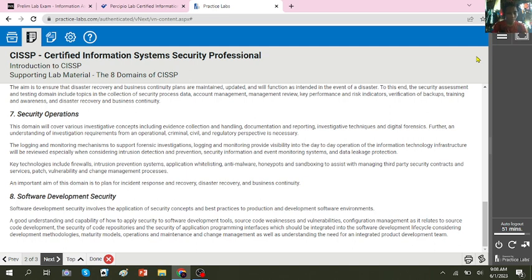A good understanding and capability of how to apply security to software development tools, source code weaknesses and vulnerabilities, configuration management as it relates to source code development, the security of code repositories, and the security of application programming interfaces, which could be integrated into the software development life cycle, considering developing methodologies, maturity models, operations and maintenance, and change management, as well as understanding the need to integrate the product development team. Next.